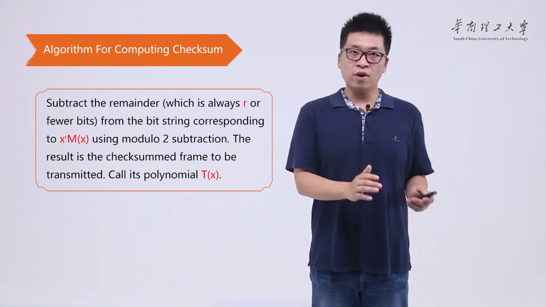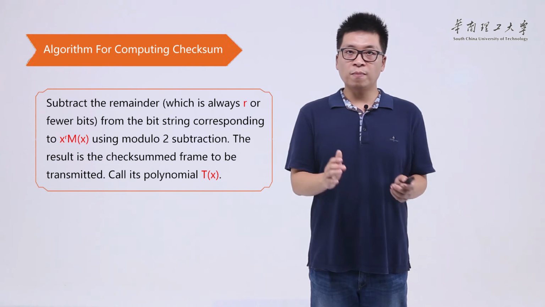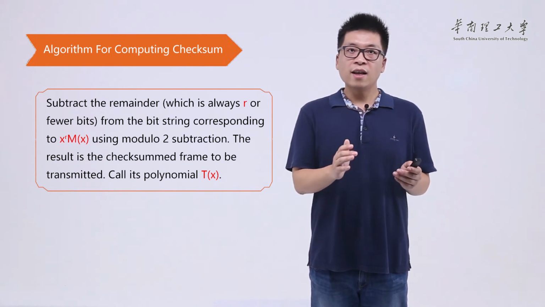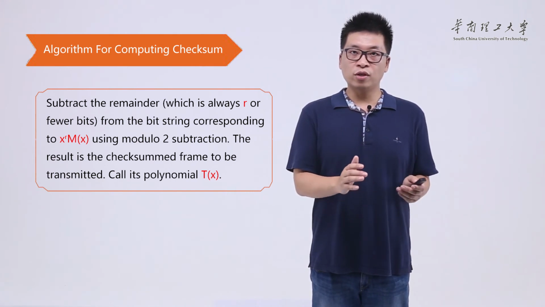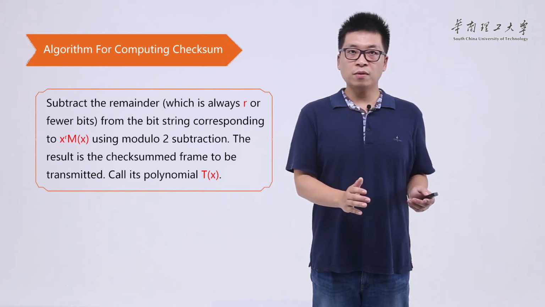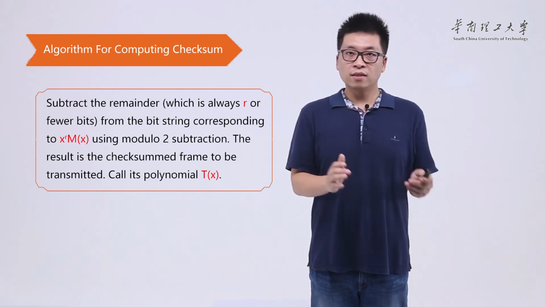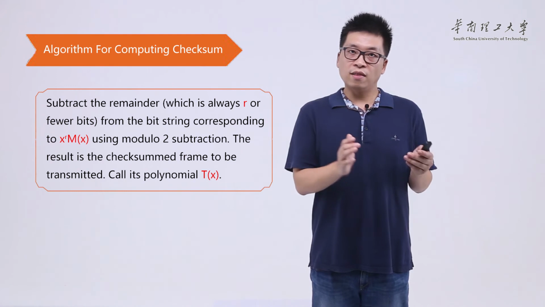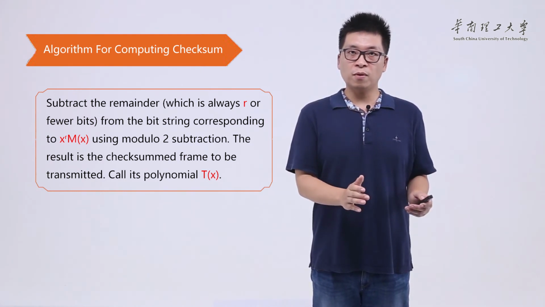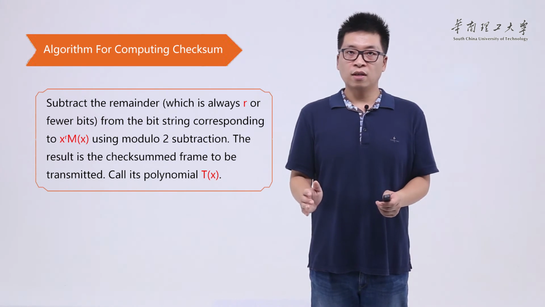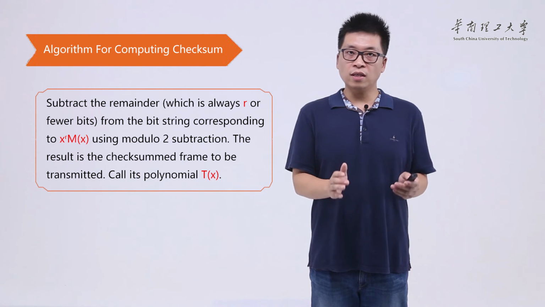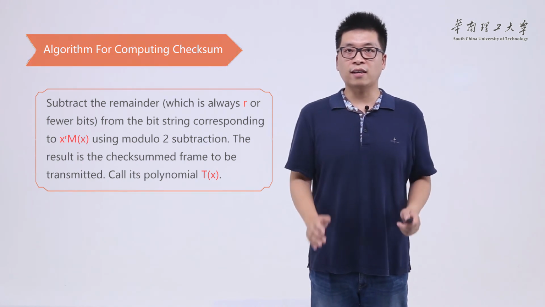So we subtract this remainder from the bit stream corresponding to x power R times Mx using modulo 2 subtraction. Then we can make sure the result is the checksummed frame to be transmitted, and that frame is guaranteed to be divisible by Gx. We call the transmitted frame polynomial Tx.